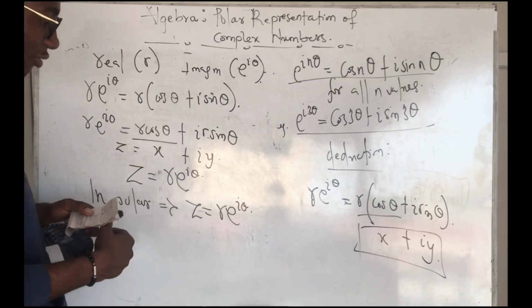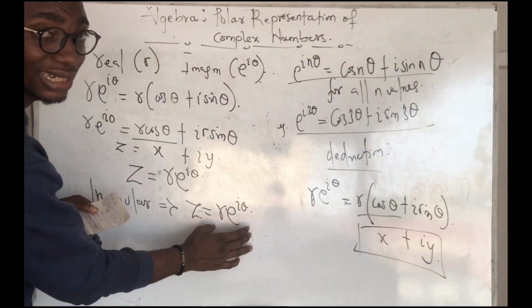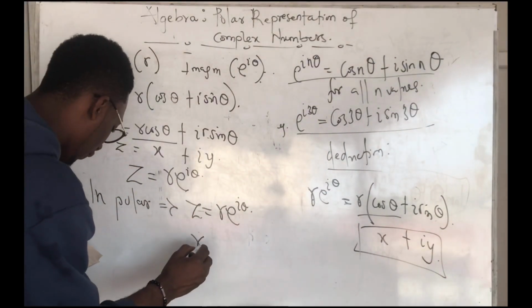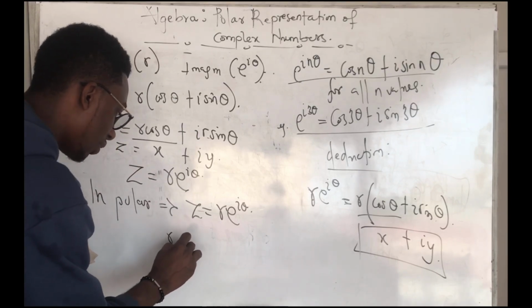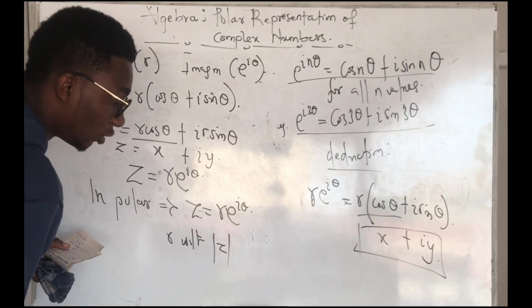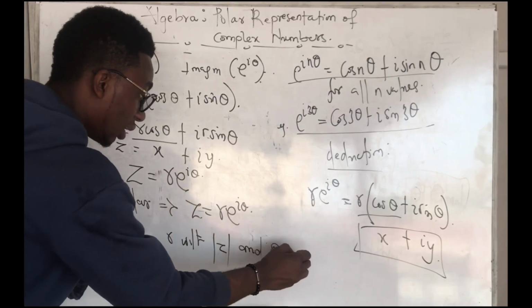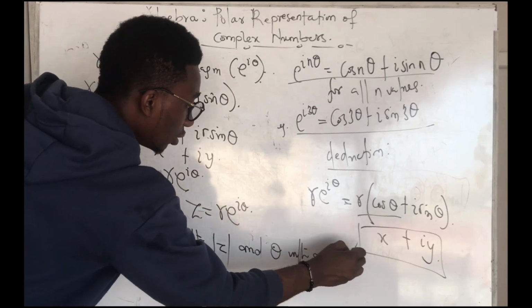Anytime you are able to represent a complex number in this form, the absolute value of z, that is the modulus of z, comes with r, and theta is the argument of z.